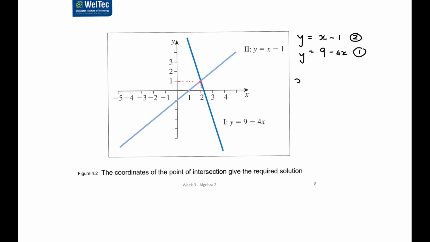So we would just rewrite that as x minus 1 is equal to 9 minus 4x. And we'd then rearrange that. So we've got 5x equals 10. So that x equals 2, which is what it looks like on the graph. And then we could use that to find that y equals 1. And we'd want to check that both of those are true.